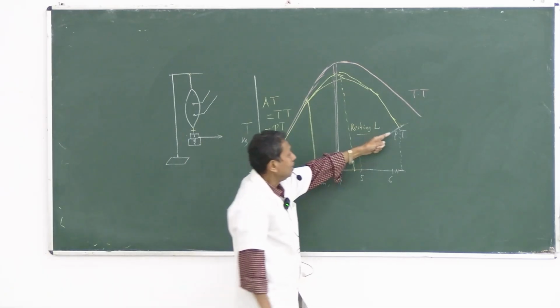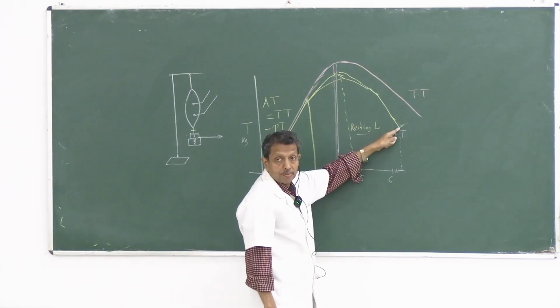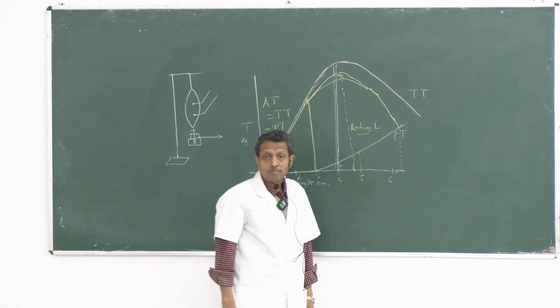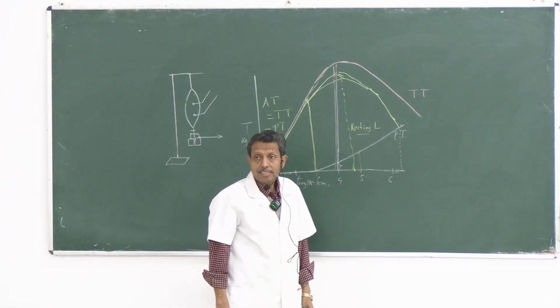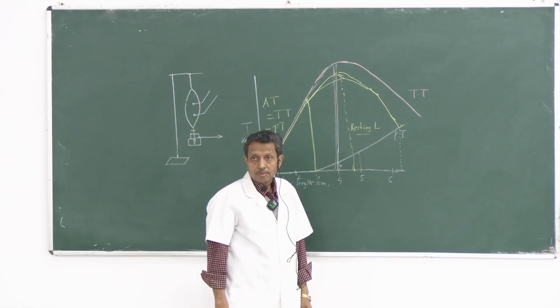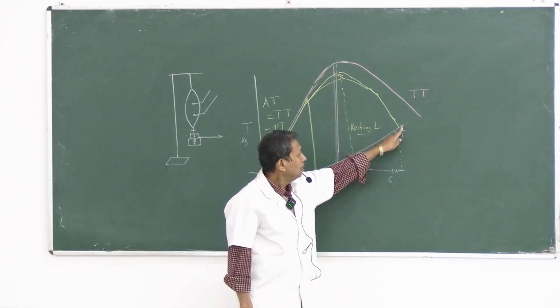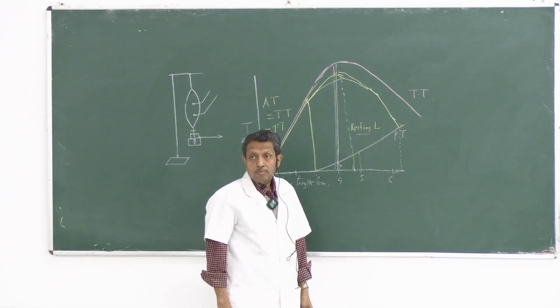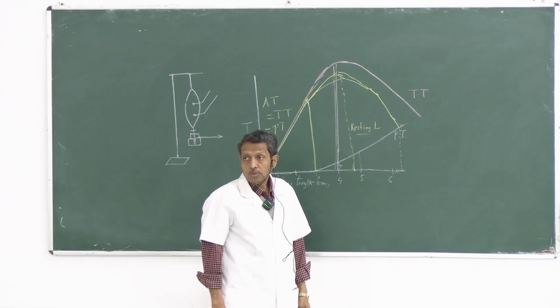And whenever it reaches this point, it indicates that there is no active tension. All the tension in that case is the passive tension. So below this point, there is no active tension. It is the passive tension that is produced.